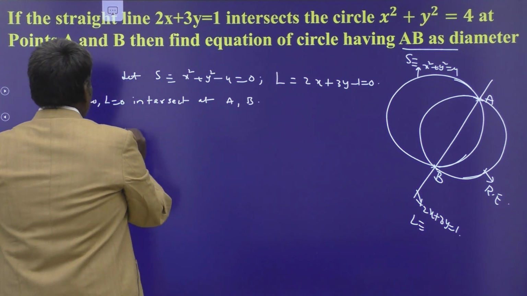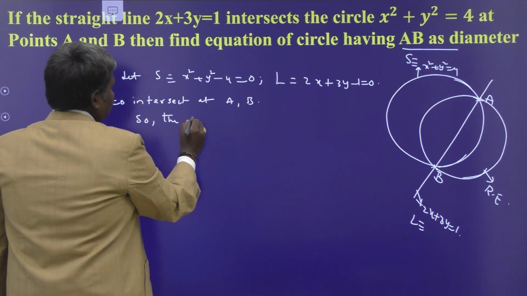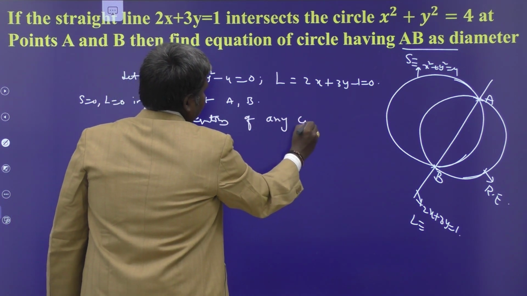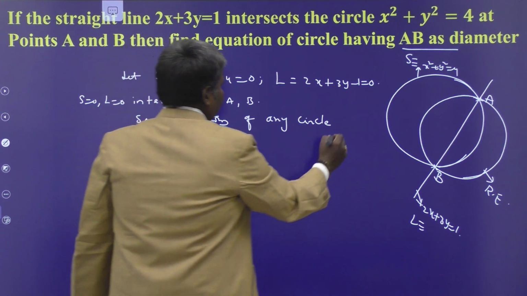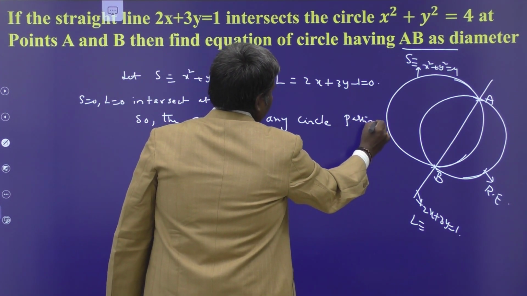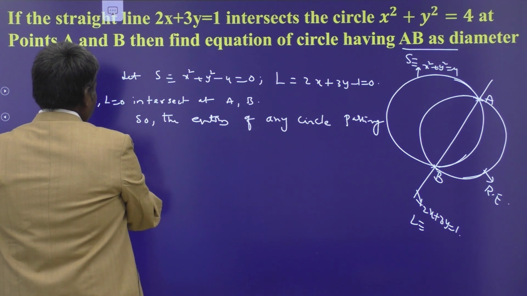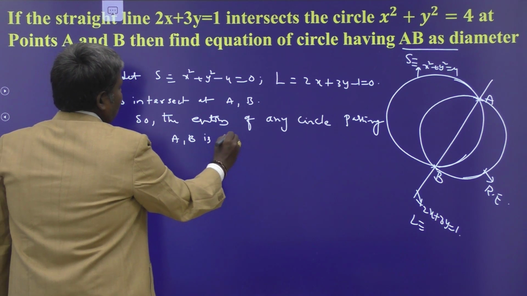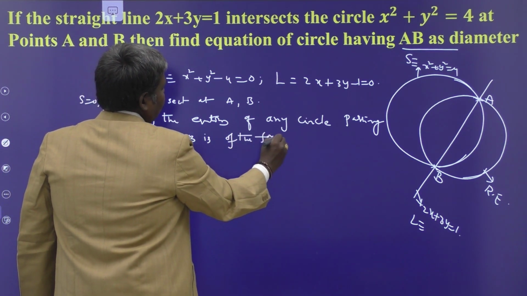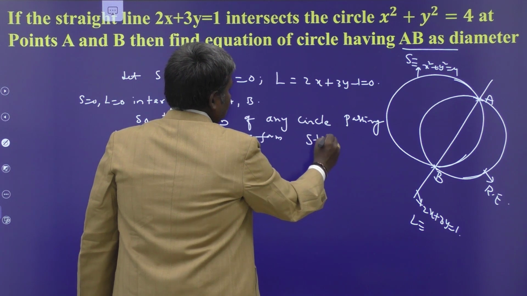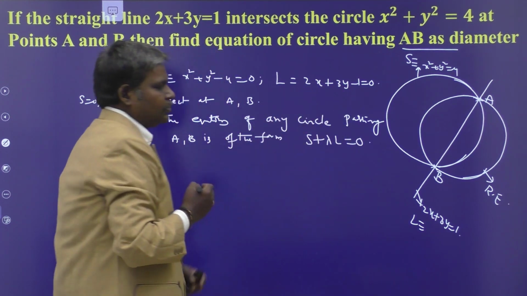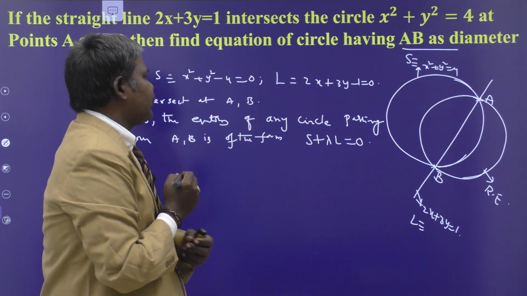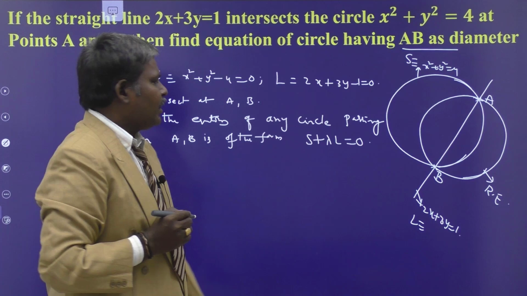So the equation of any circle passing through A comma B is of the form, what is the form, my dears? S plus lambda L equal to 0. S plus lambda L equal to 0 is the equation of any circle passing through points of intersection of S equal to 0 and L equal to 0.